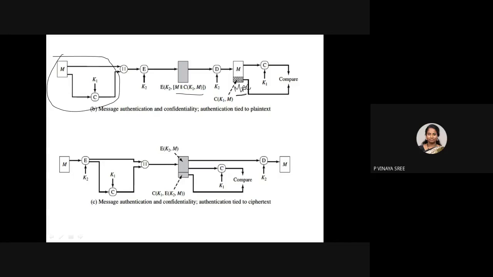So the receiver will take this message and send it to the MAC function with K. Which key was used at the sender side, K1 or K2? K1, ma'am. So which key does the receiver have to apply, K2 or K1? For comparison, K1.